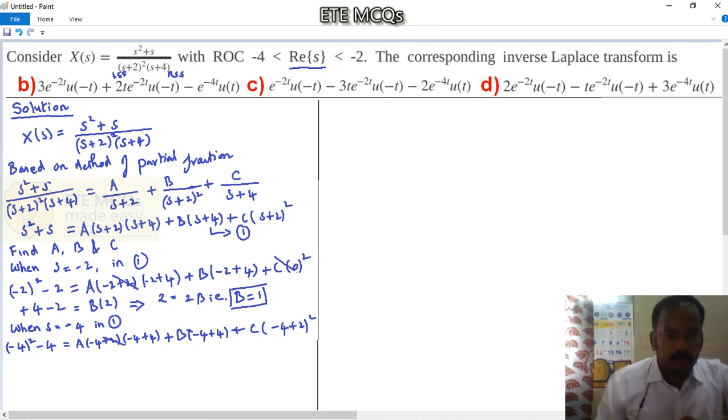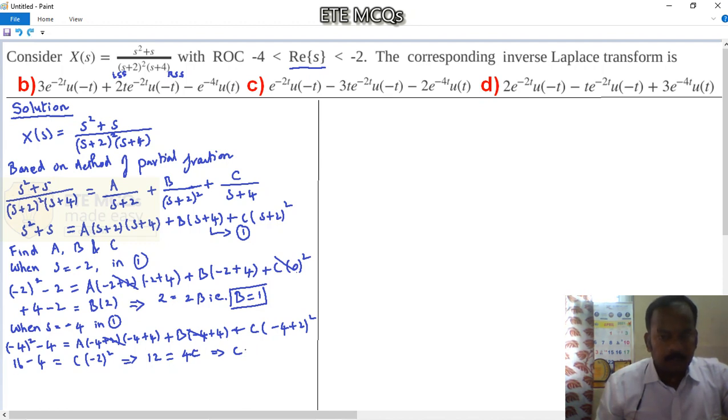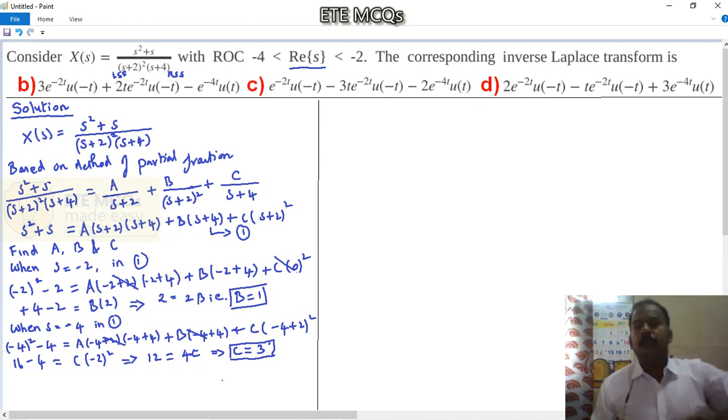We have 16 minus 4 equal to C into (minus 2) the whole square, which implies 12 is equal to 4C, so C is equal to 3. So C is equal to 3 and B is equal to 1.